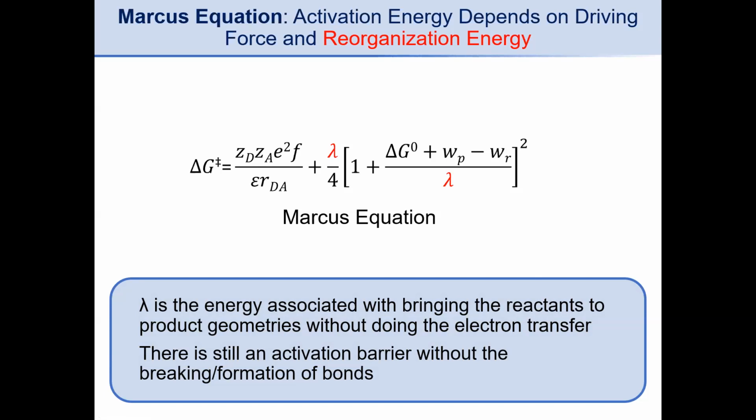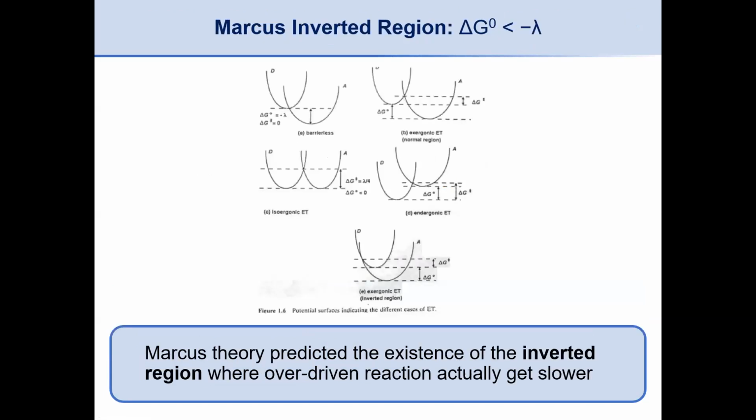So it may be a bit easier to visualize that on one of these potential energy plots. So lambda is, where is it here? Okay, well, in any case, lambda would ordinarily be equal to the distance from here, where delta G naught is equal to 0, up to the spot on the reactant parabola, if that makes sense.